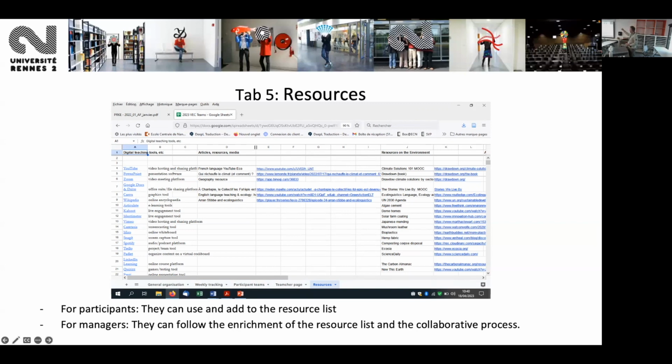This page is great, because what students, what teachers, what mentors, what coordinators, what managers are doing on this page, everyone involved in this project, they're all entering information about digital tools you can use, about relevant articles and resources, and resources specifically related to the environment. So there's a wealth of knowledge on this page.